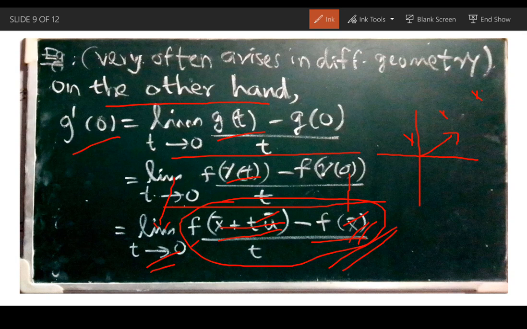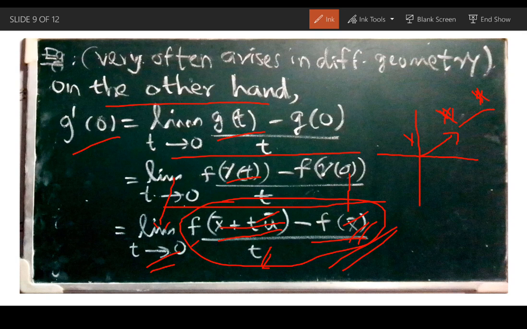So this is x plus tu. So f at this point minus f at this point, this is the point x, divided by this distance. What is this distance? It is precisely t. A distance t. That is the denominator.